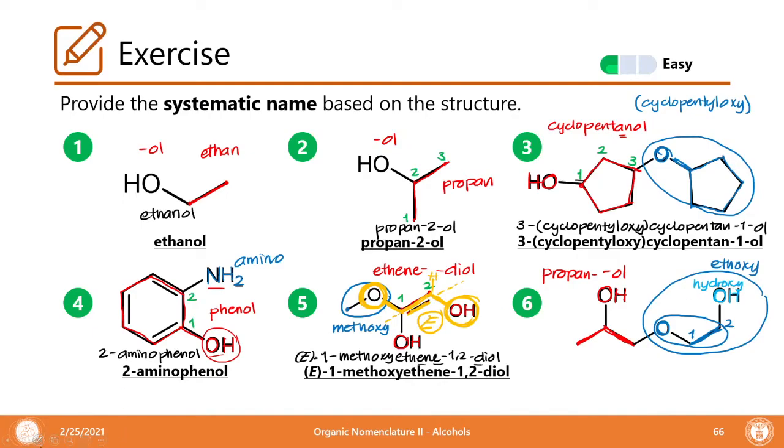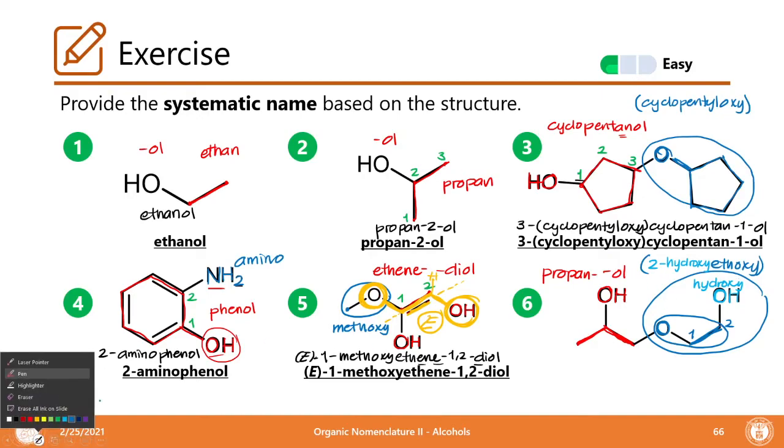Okay, so again, if we write the name, at position 2 of that ethoxy group, we have a hydroxy group. Okay, and it's connected to an ethoxy group, and closing in parentheses, this is our complex substituent.